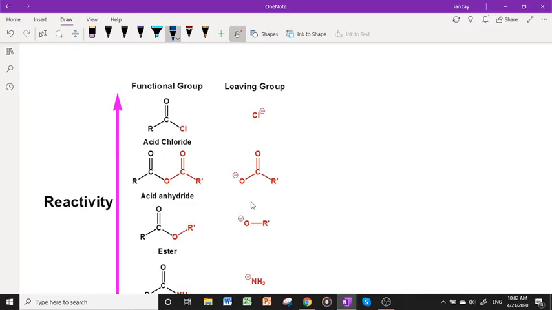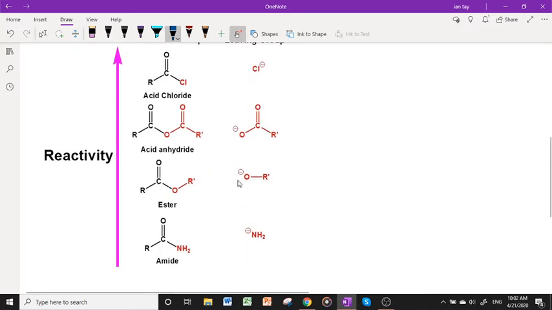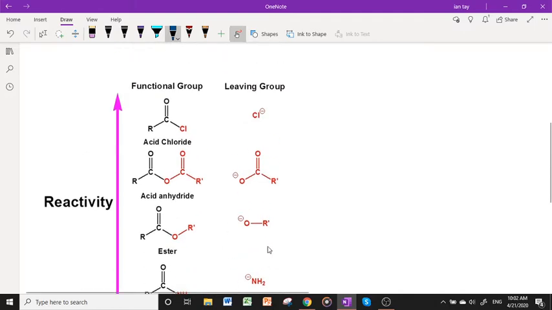For the acid anhydride, it is this carboxylate. For ester, it is alkoxide, and for amide, it is this NH2 minus ion over here. So now how do we compare the stability of the leaving groups? Remember in the previous video, I told you the ARIO method to compare the stability of anionic species.